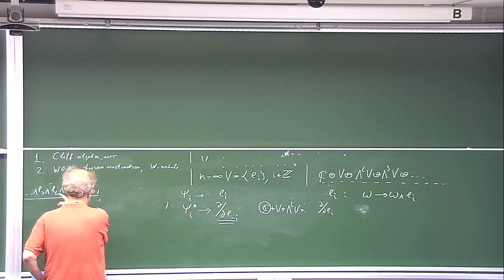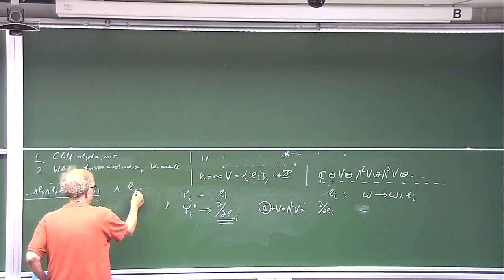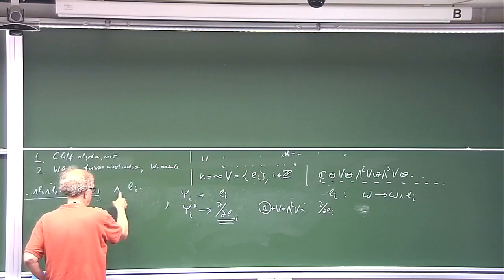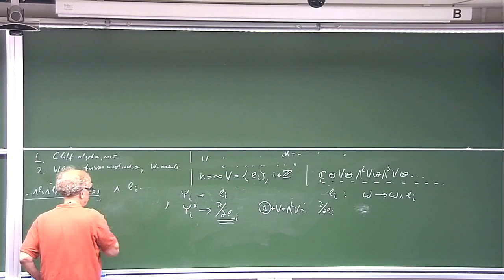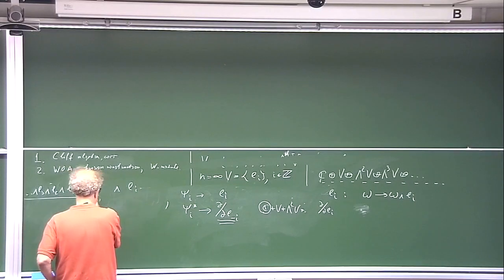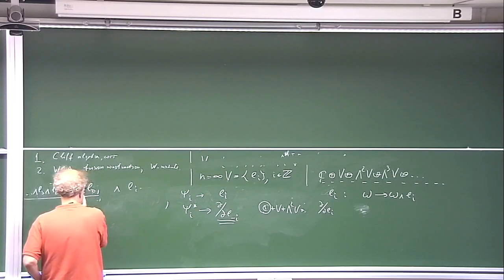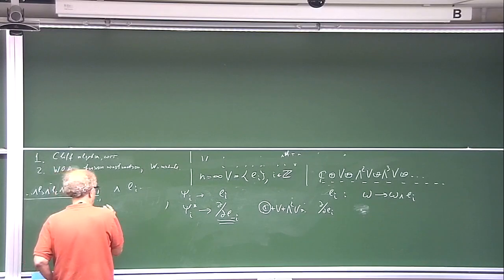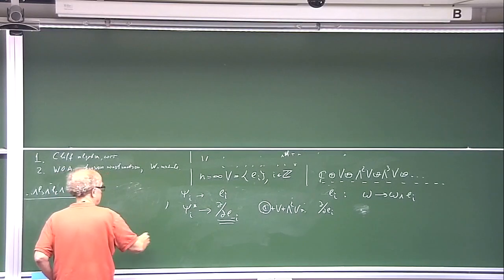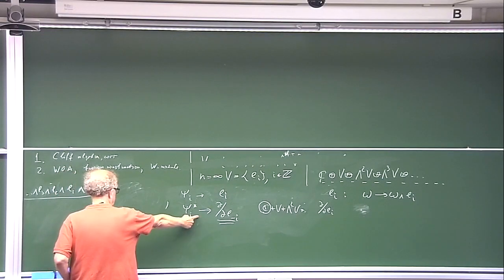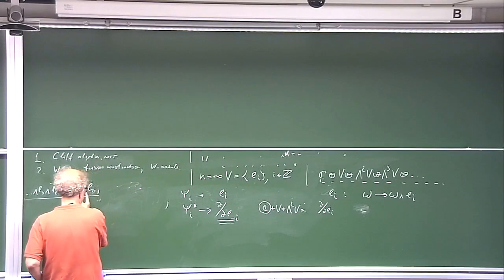It means I can take this and write down the wedge product with e_i. So if i is negative, I get something new. If i is 0 or positive, it is 0. Or I can consider this operator and apply it to this.